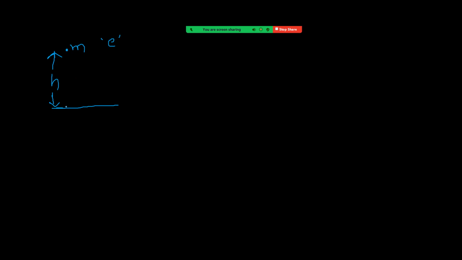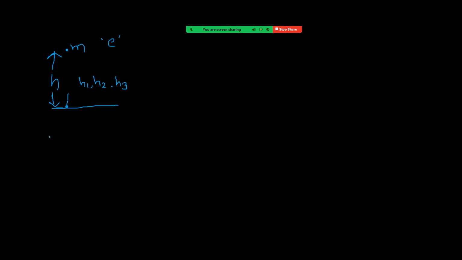Suppose after the first collision, it rises to a height of h1. Let us take it rises to a height of h2 after the second collision. Let us take h3, it rises to a height of h3 after the third collision.